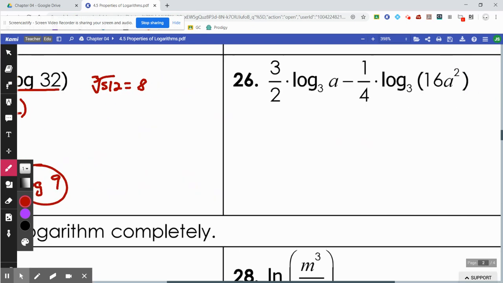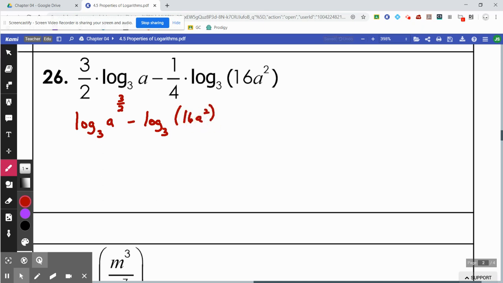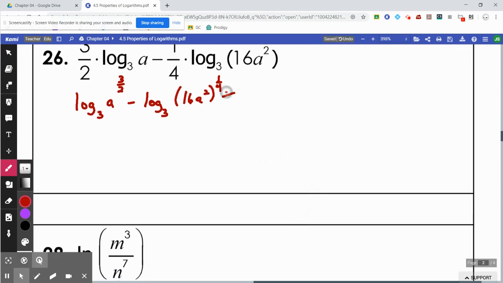Number 26. First off, let's take care of all of our coefficients by moving them to the exponents. That'd be log base 3 of a to the 3/2 power minus the log base 3 of 16a squared to the 1/4 power. Let's clean this up right here.